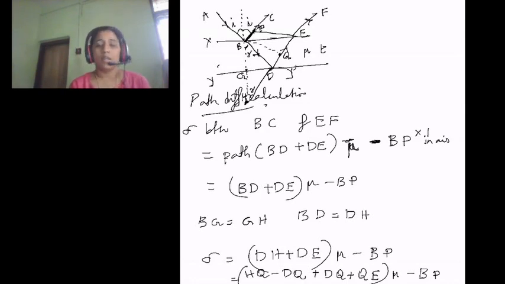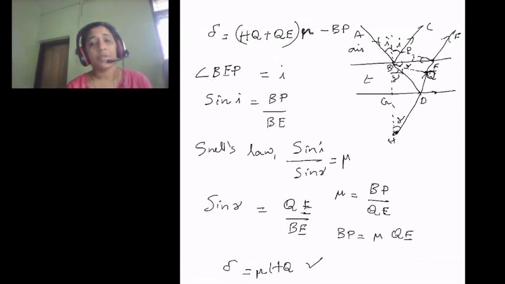Thus the resultant value is HQ plus QE into mu minus BP. Thus then we have to calculate the value of BP.